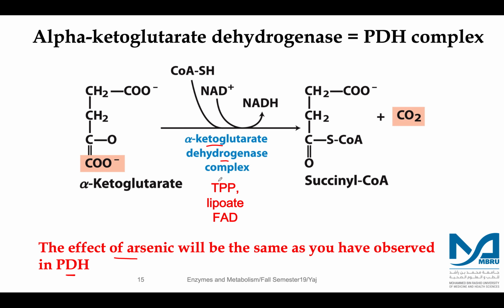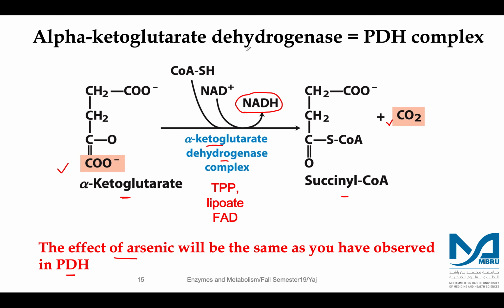Anyway, the alpha-ketoglutarate dehydrogenase complex converts alpha-ketoglutarate to succinyl coenzyme A. In the process, there is a decarboxylation, and also there is the release of protons, which is taken up by NAD, leading to the formation of NADH plus H plus.